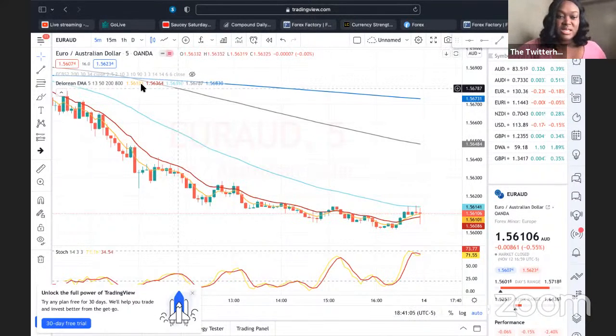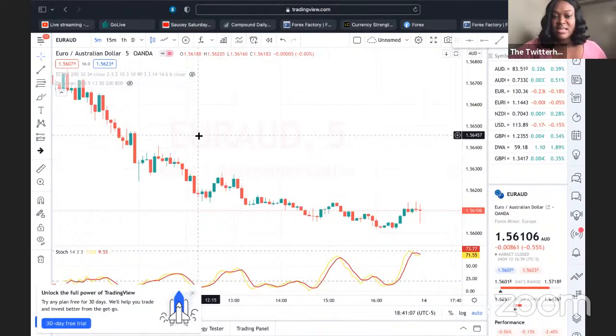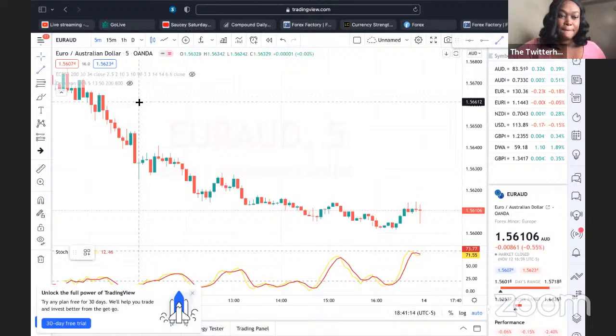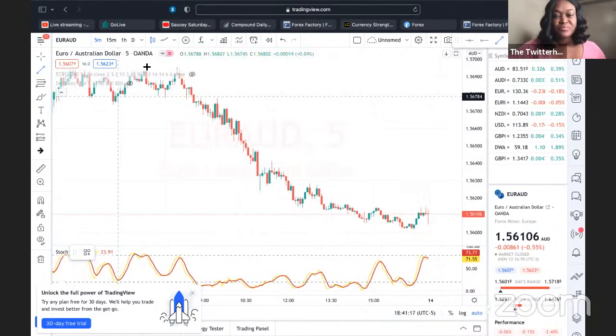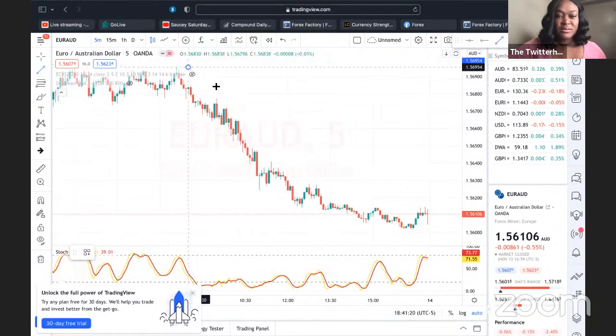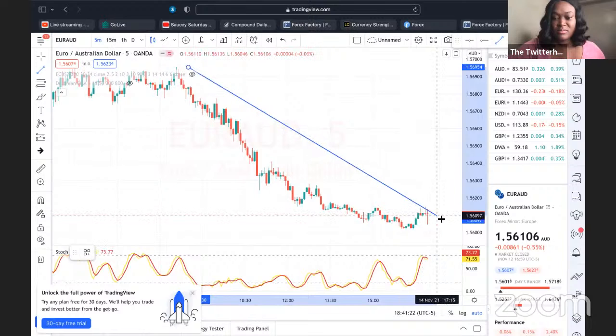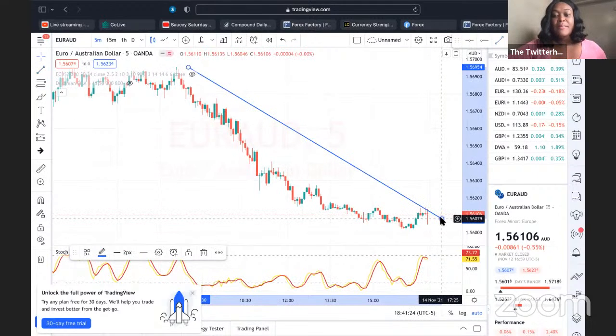And what do we see here? We see a downward trend. Where's my trend line? Here we go. Right? Trending down. And that's what we want to see.